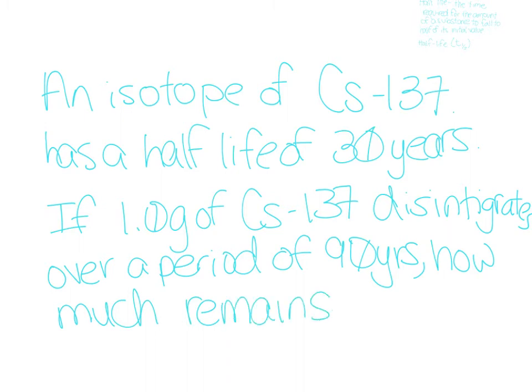We're going to do this simple problem two different ways. An isotope of cesium-137 has a half-life of 30 years. If 1.0 gram of cesium-137 disintegrates, disintegrate means breaks down, over a period of 90 years, how much remains?